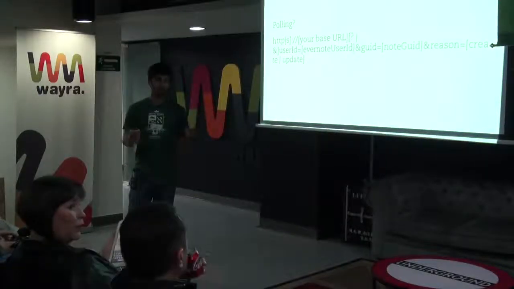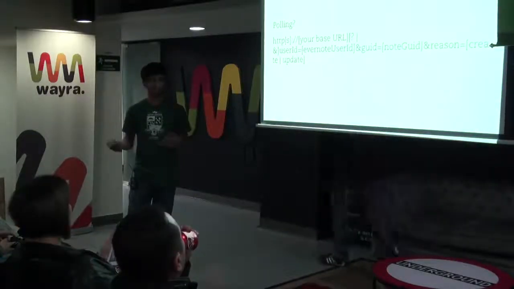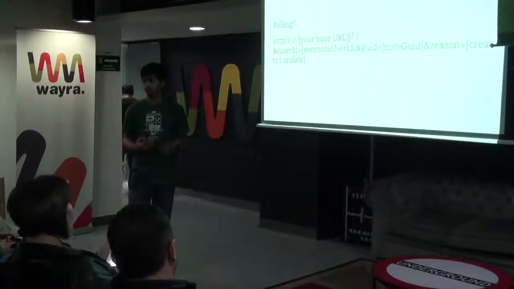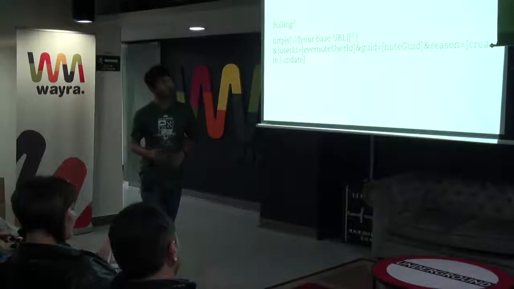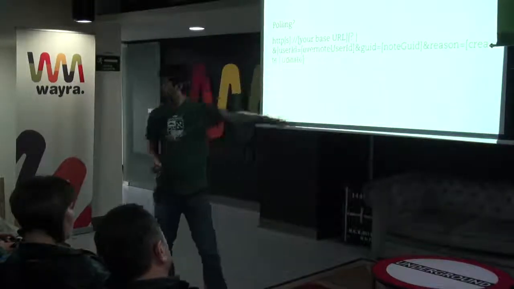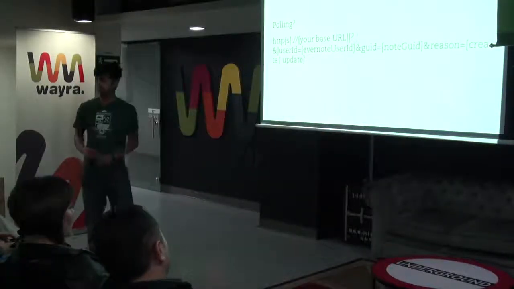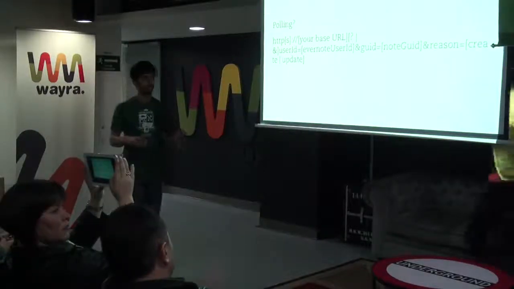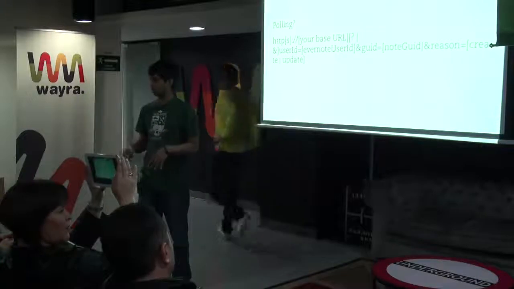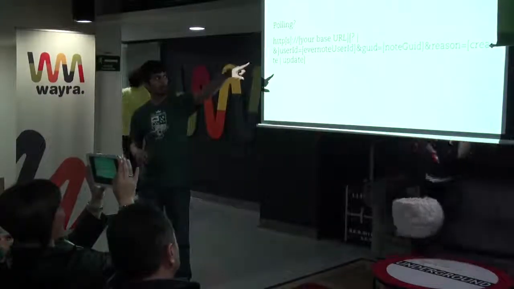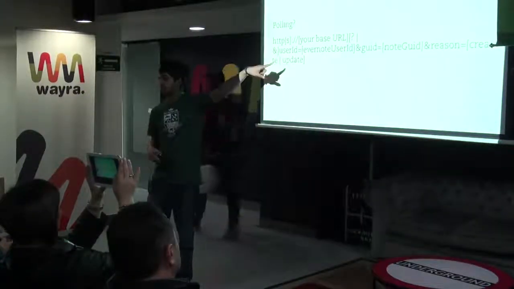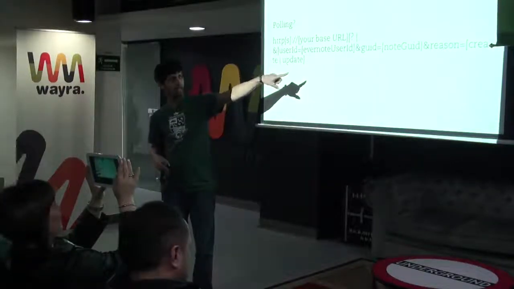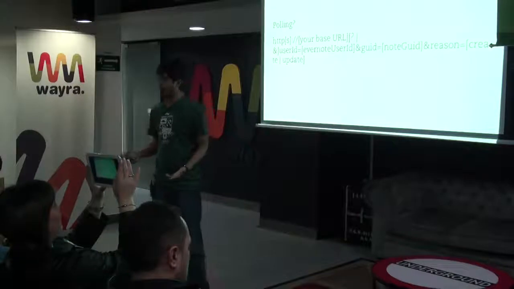So if you're not polling and you want to watch for changes, what do you use? We have something called webhooks, where you give us a base URL using our dev website, and whenever there is a change in the Evernote account, we will call this base URL with the user ID that changed the note, the note identifier, and whether the note was created or updated.